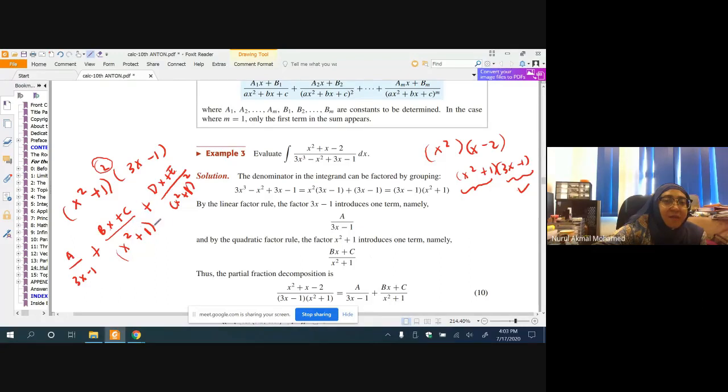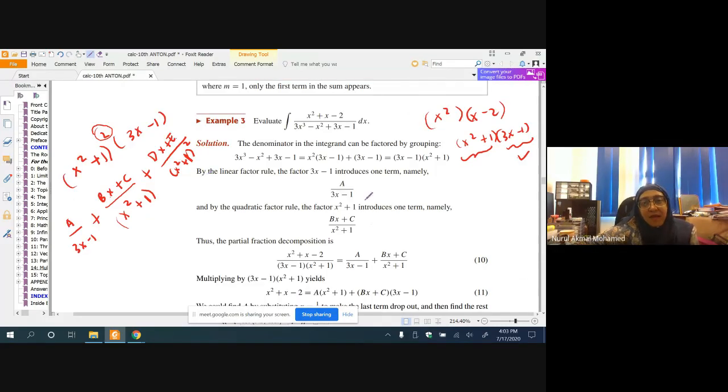One is x squared plus 1, another one is x squared plus 1 squared. So that is in case you have this kind of expression.